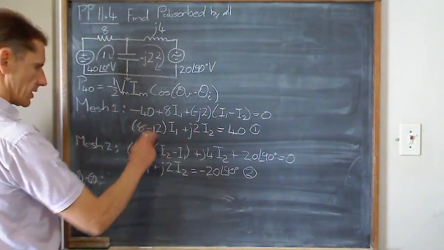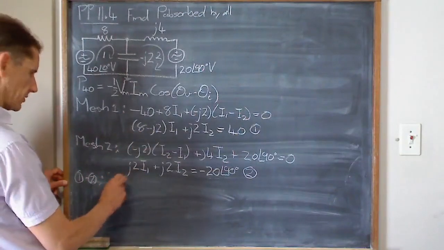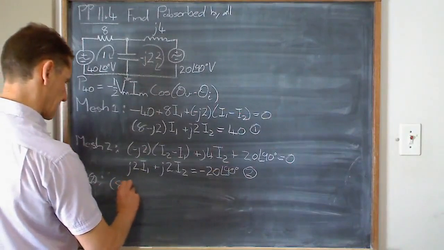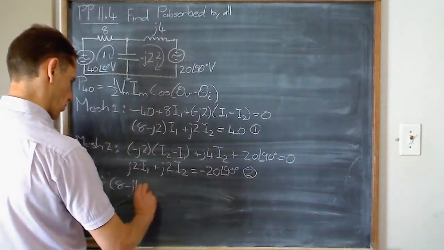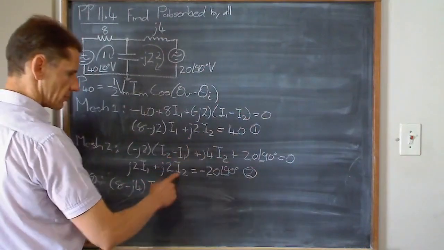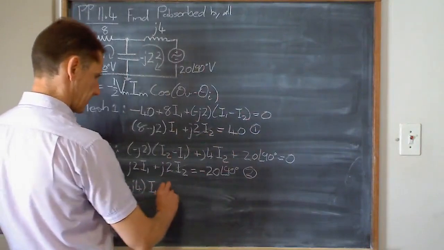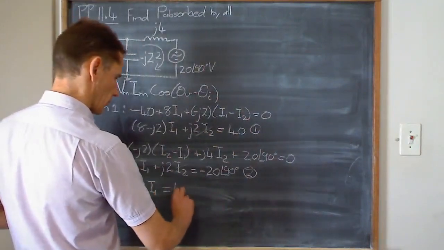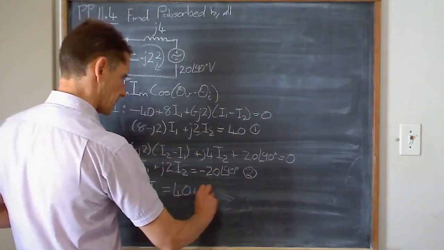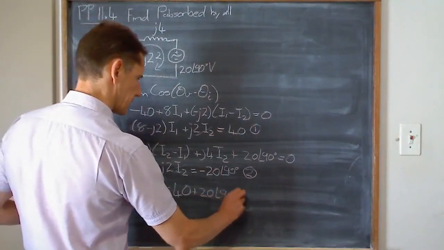So then we've got this minus this. So we've got 8 minus J2 minus another J2. So that gives me an 8 minus J4, I1. J2 I2, J2 I2, so they just cancel out. Must then equal 40 plus 20 angle 90 degrees.